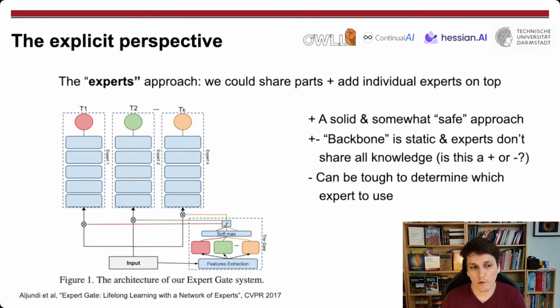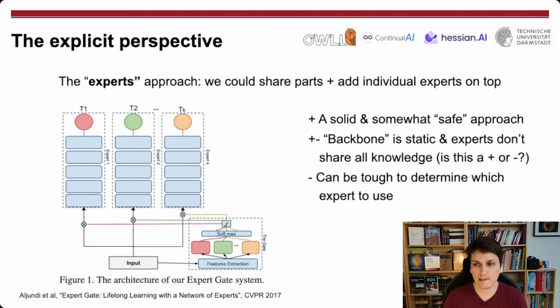I think this is a very fair approach. It's somewhat of a solid and somewhat of what I call here a safe approach, in the sense that if indeed the lower layer abstractions, as we've found out in the transfer learning lectures, are more general in principle, we'll also risk less in terms of overwriting our representations in terms of catastrophic forgetting by not sharing the deeper layers and putting experts on top.